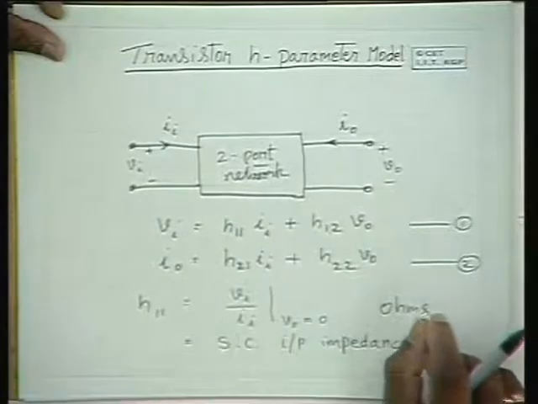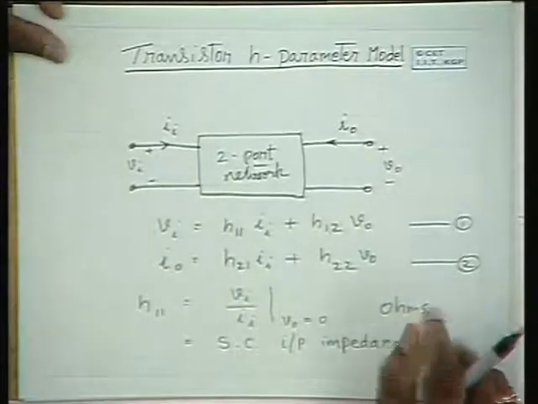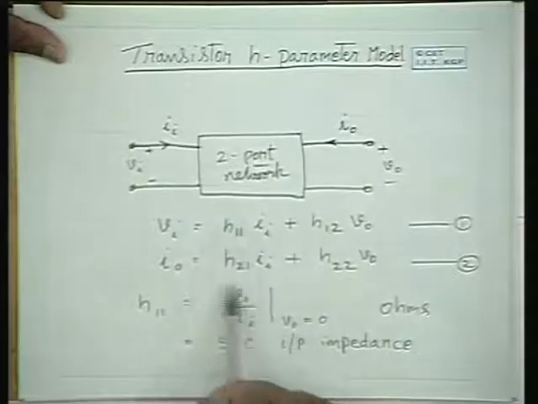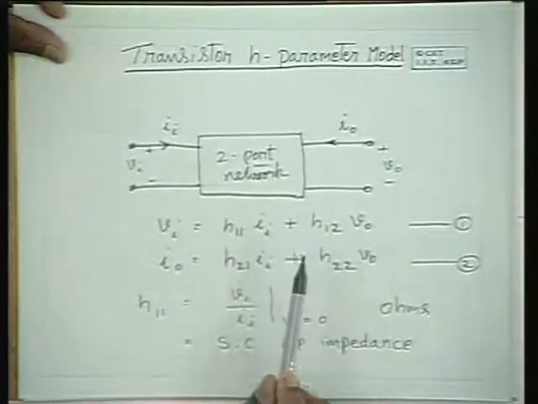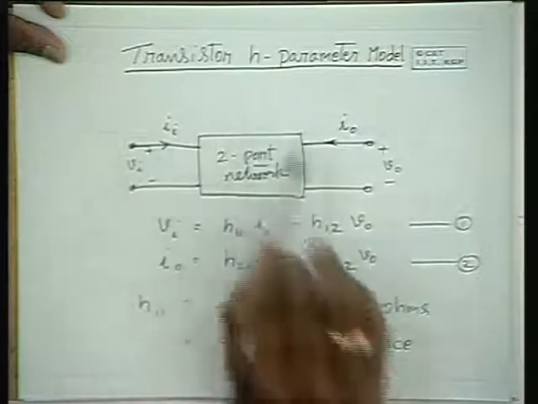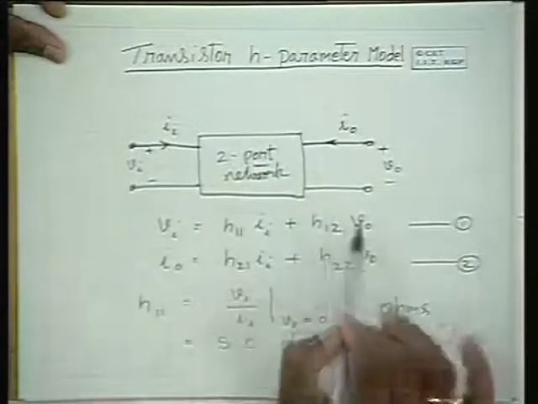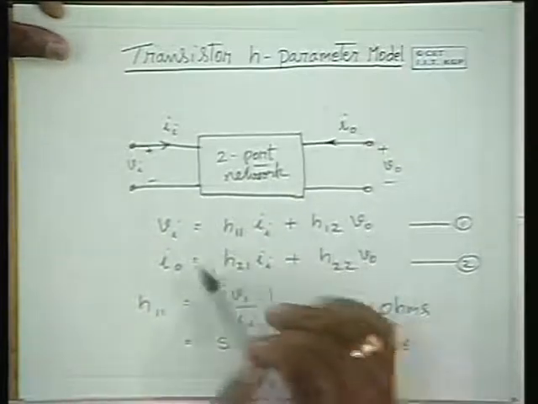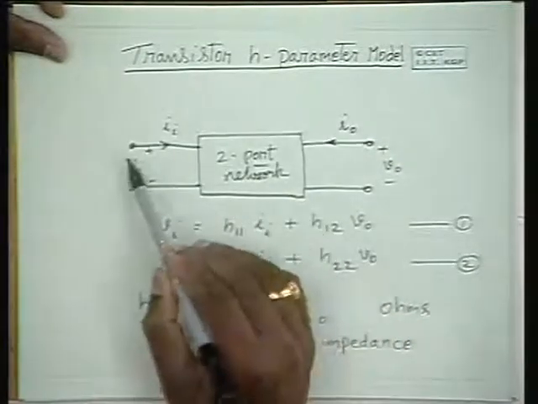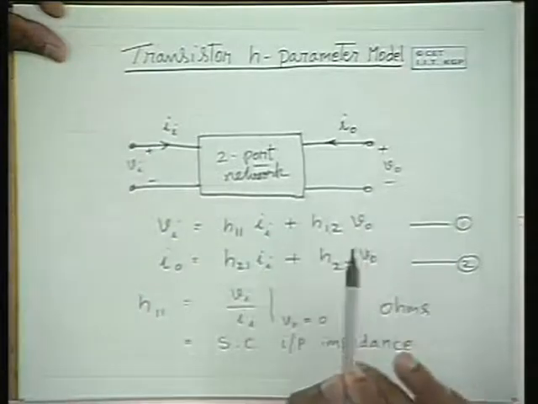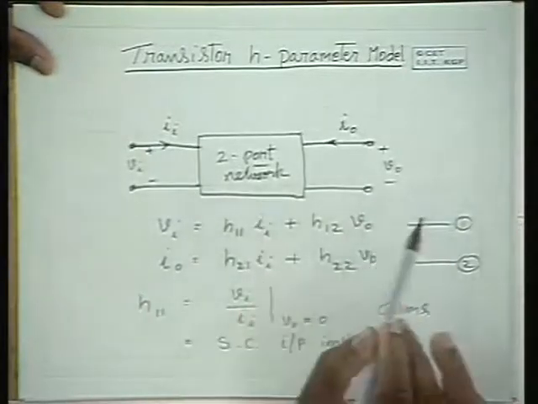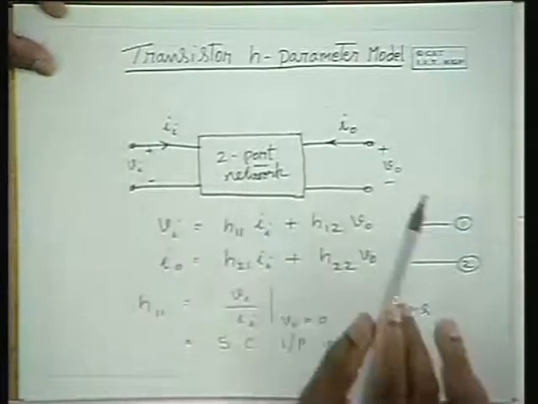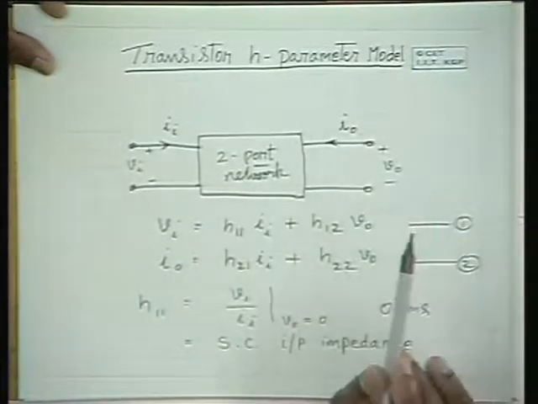So now the question is, how do they help us? They do help us because once these parameters are known, the transistor is replaced by two linear equations, and by solving these equations, when an input voltage is applied, how much output voltage do you get, how much is the gain, and when there is an input current, how much output current do you get, how much is the current gain, etc. All such parameters of interest can be obtained once you know this model.